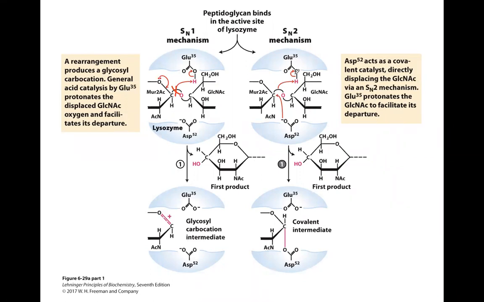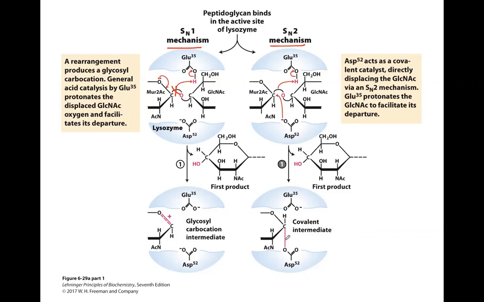All right, and so this glutamate will protonate this oxygen, and aspartate will attack this carbon in an SN2 fashion, right? So in SN1 the leaving group leaves first. Here the nucleophile kicks out the leaving group. That's why it's called an SN2 mechanism. So this will form a covalent intermediate.